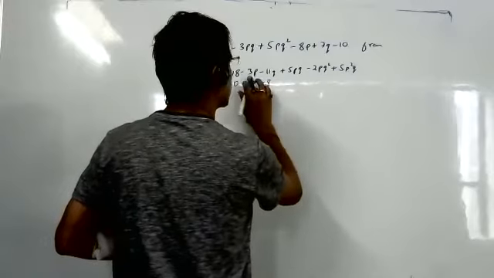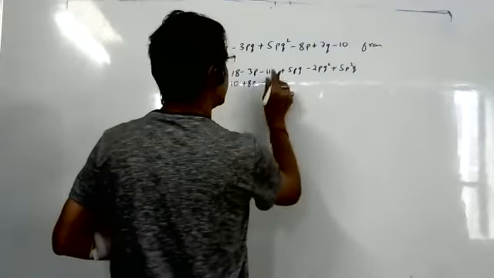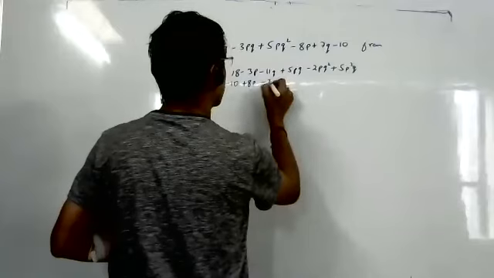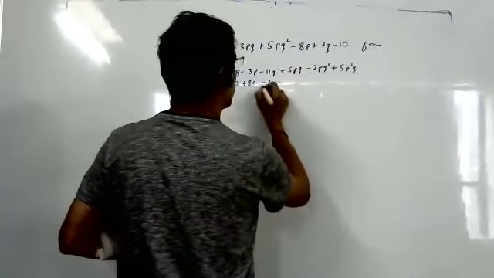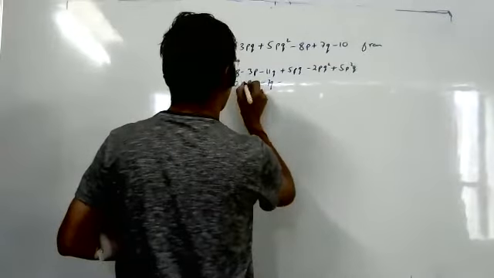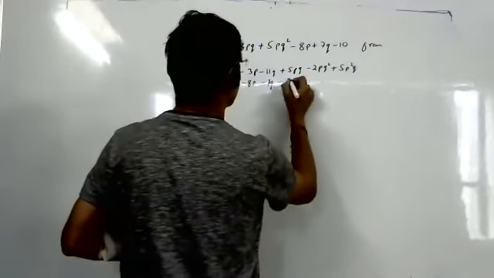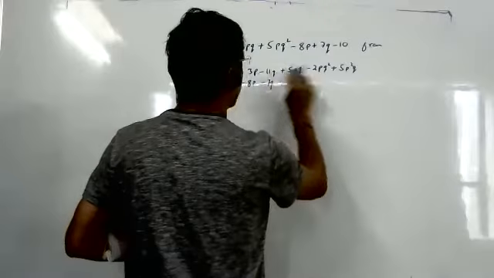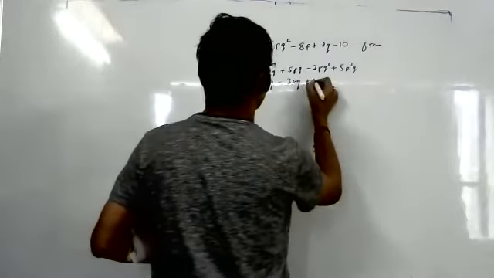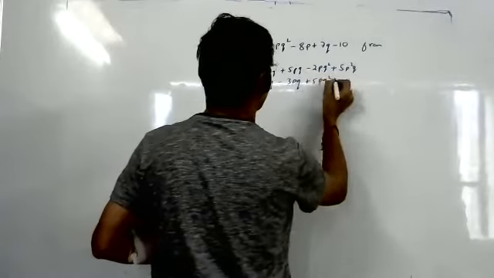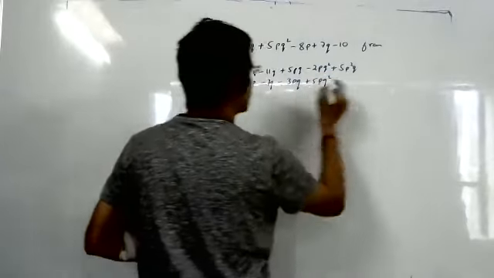Sorry, 8p and 7q. Sir, it's minus 8p. Then pq minus 3pq. Then pq square plus 5pq square. p square q, 4p square q.